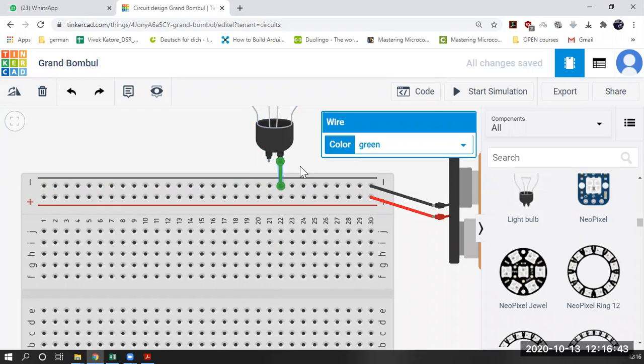What will it be? Can you tell me? Yes, it will be negative, right? So you can see this black wire is coming through this and it will share the negative side only. So it will be black, that means negative.